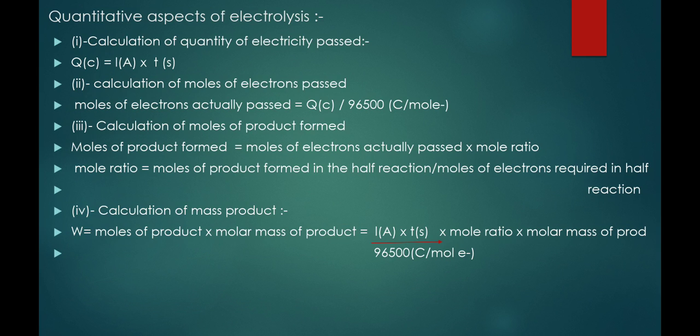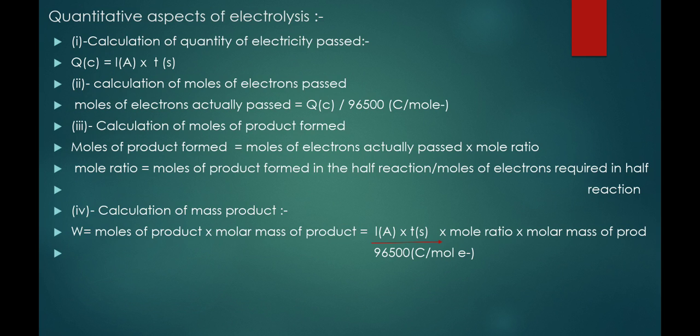Now in the third step, we calculate the moles of product formed. Moles of product formed is equal to moles of electrons actually passed into mole ratio, whereas mole ratio is equal to moles of product formed in half reaction upon moles of electrons required in half reaction.